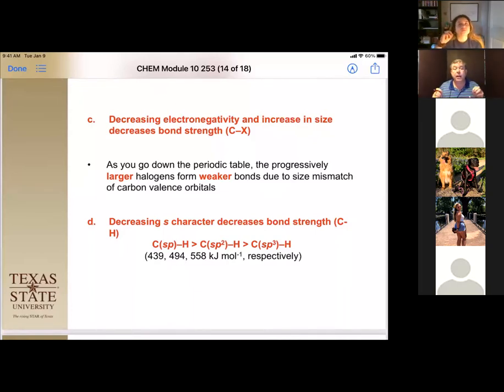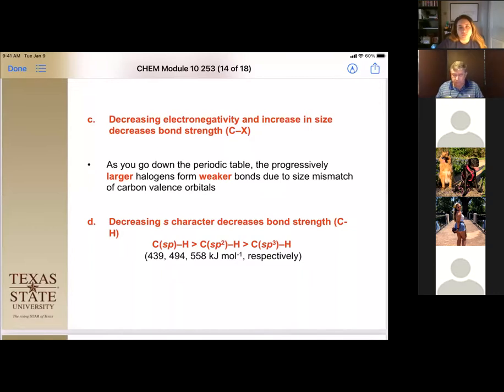Okay. And just like in acidity of hydrocarbons, the decreasing S character decreases bond strength, okay? Which means our sp is going to be our weakest bond, our sp2 is going to be intermediate, and our sp3 is going to be our strongest bond, okay? Decreasing S character decreases bond strength.